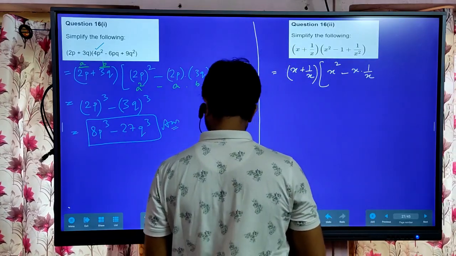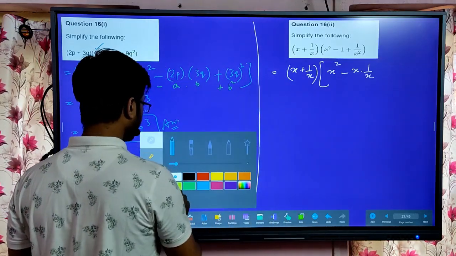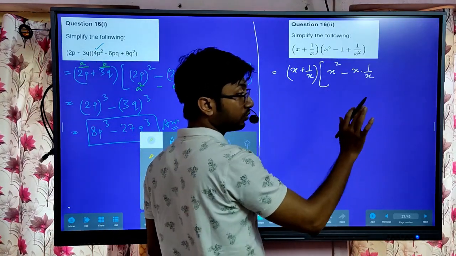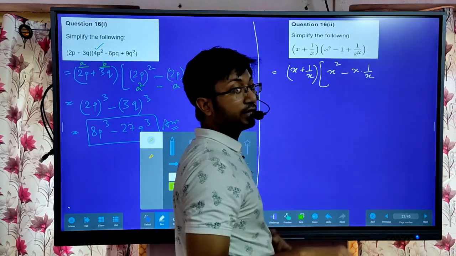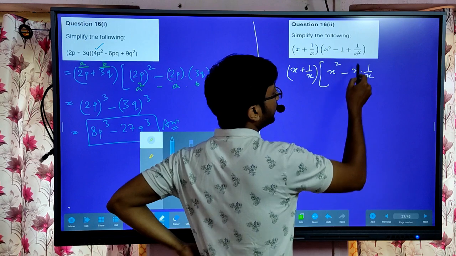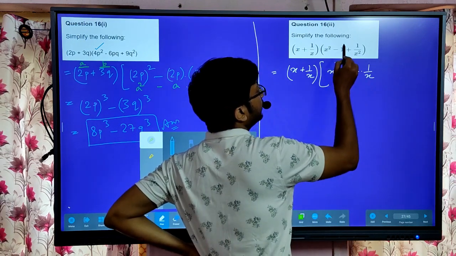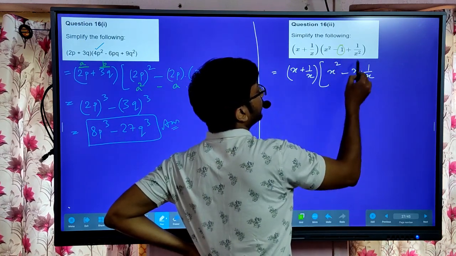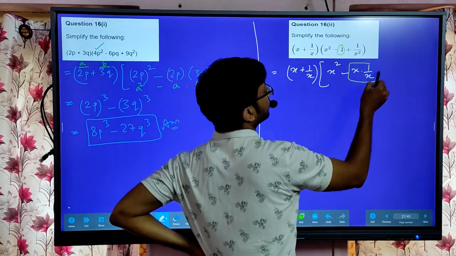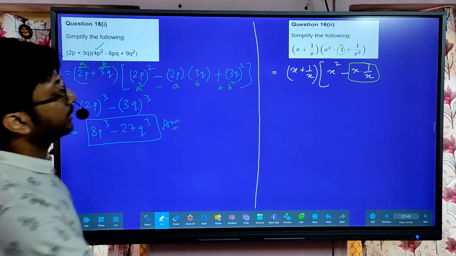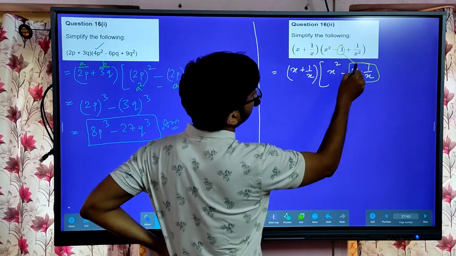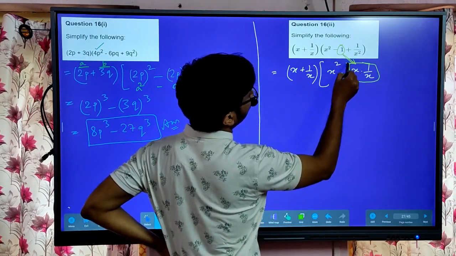Now you see, this x and x will get cancelled out. We will not cut over here because we are creating the formula. We are recreating the formula. So you don't cut x like this because I have written this 1 in this fashion. Understood? Minus 1 I can write x into 1 by x because ultimately this will cancel out and form 1.